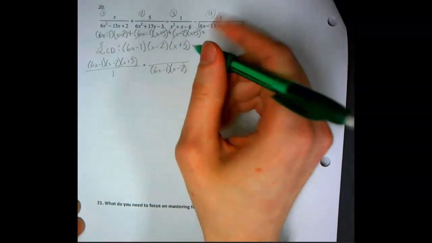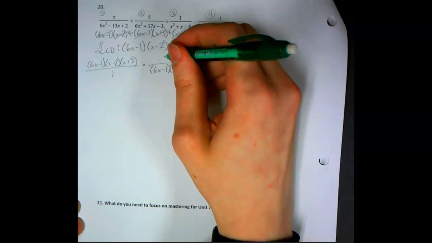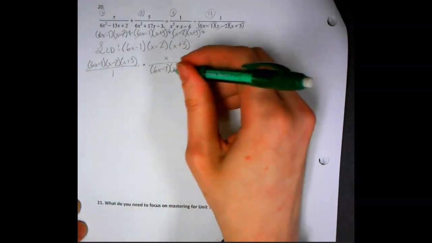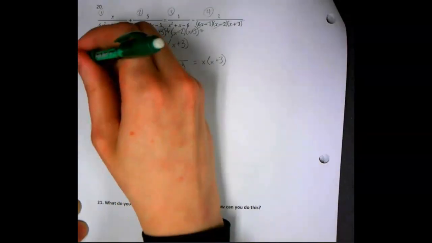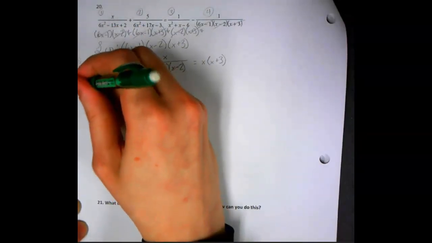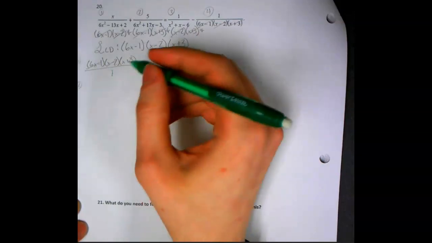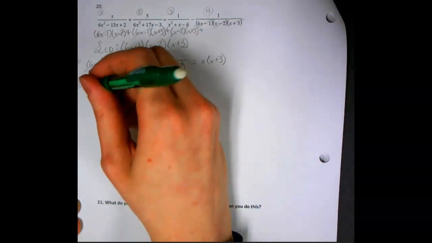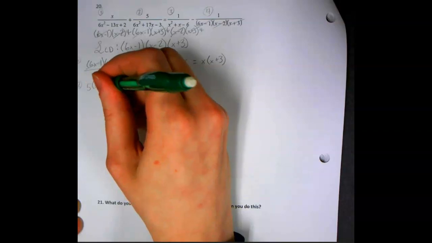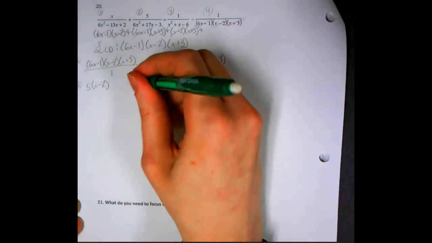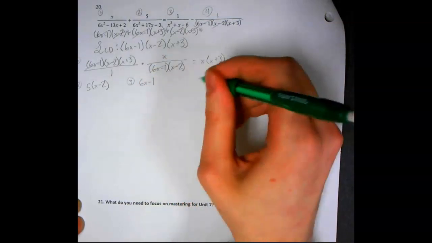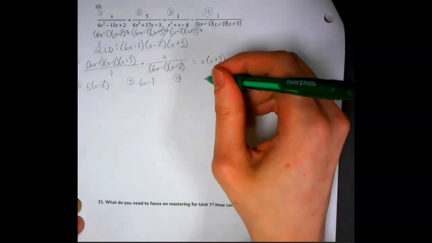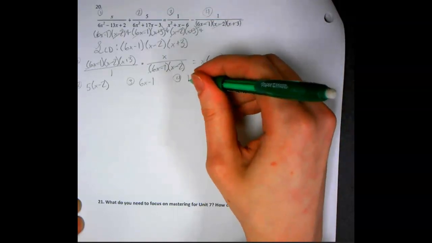Remember to leave the denominators factored, just so it's easier to cancel out. Our second one, I'm just going to write down the answer for, and that would be 5x minus 2. The third one will have just 6x minus 1, and the fourth fraction turns into just 1.